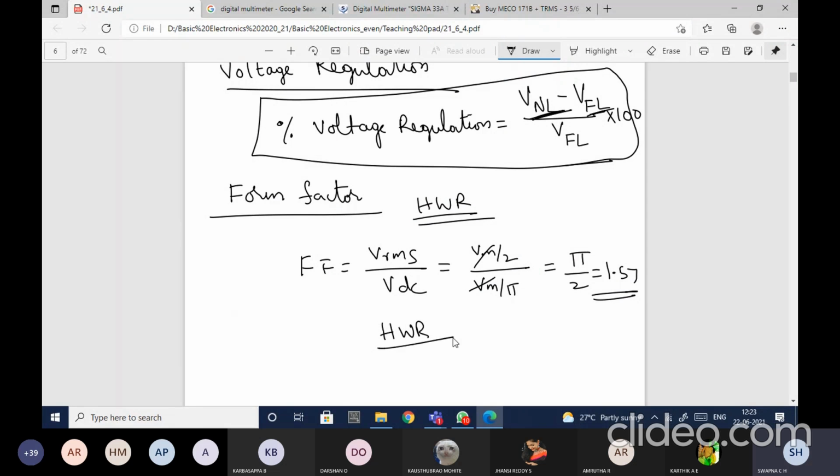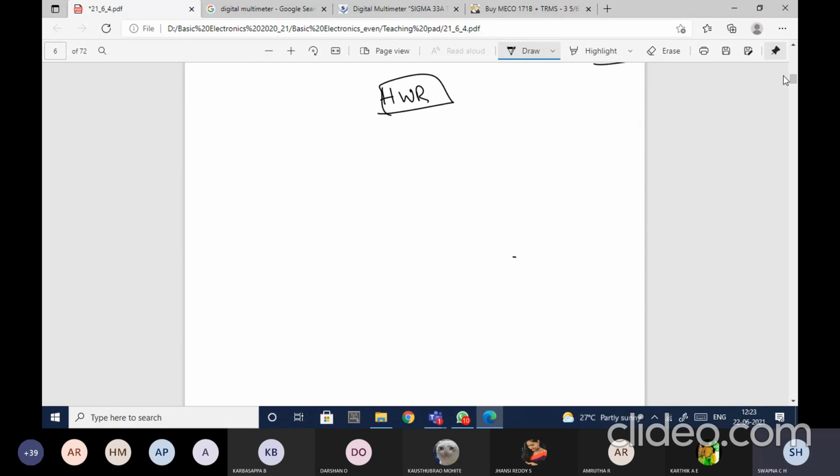As I was mentioning then and there, you can just list out the drawbacks of the half wave rectifier. Efficiency is less, and ripple factor is more. Ripple factor is 1.21, if you recall.